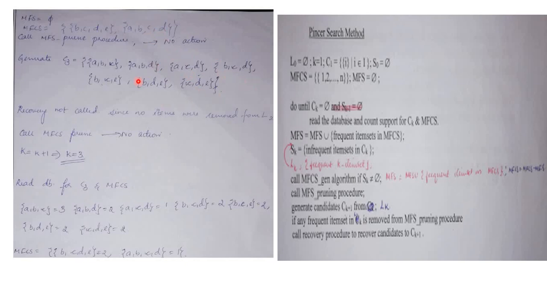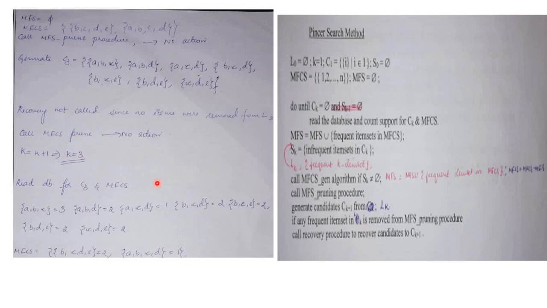So every item set in C3 is a subset of one of the item sets in MFCS. After calling MFCS prune, there is no action taking place, and the algorithm comes back, where we have to increment k, so k will be equal to 3 now.